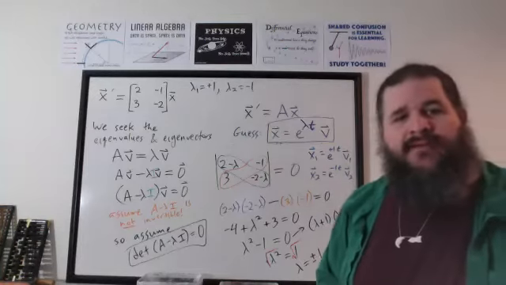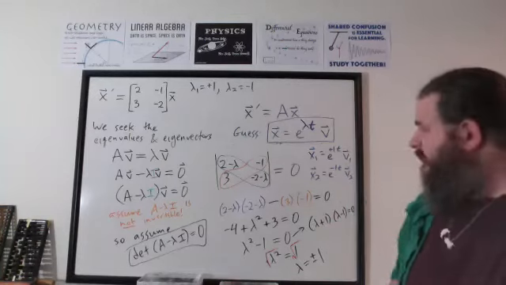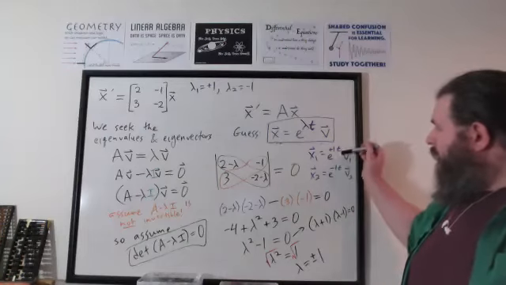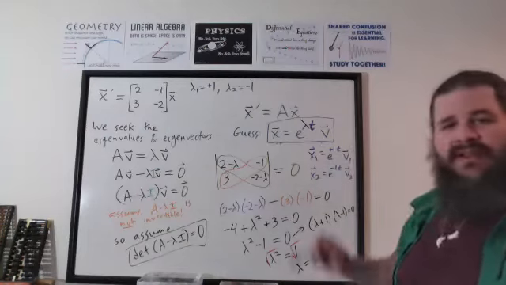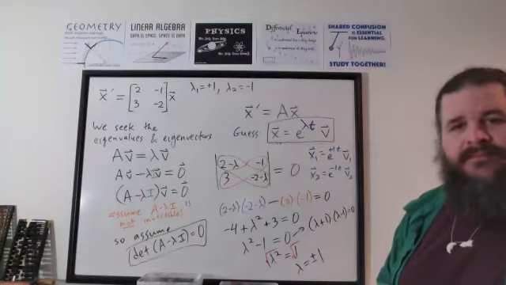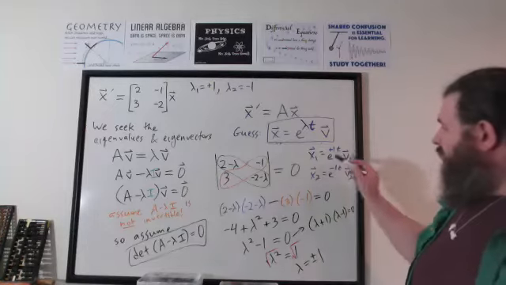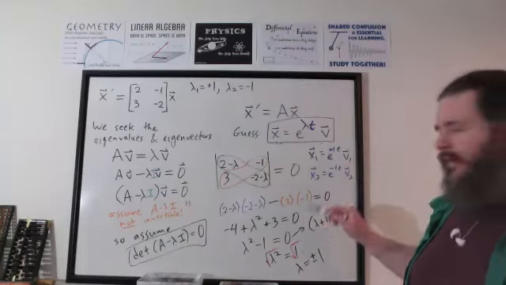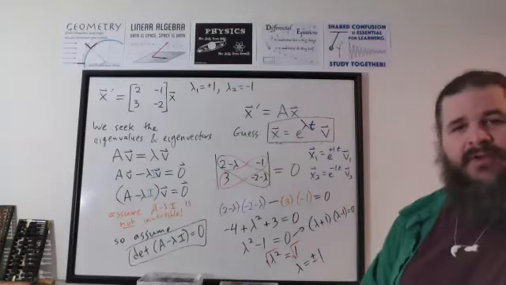And before we even find v1 and v2, the eigenvectors, what can we say about the behavior of these? What happens to each of these as t gets larger and larger as time passes? That is, what happens to e to the t as time goes on, and what happens to e to the negative t as time goes on?